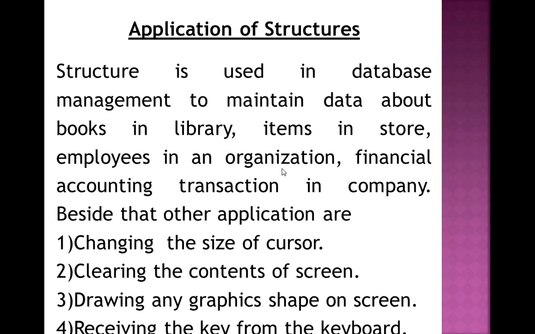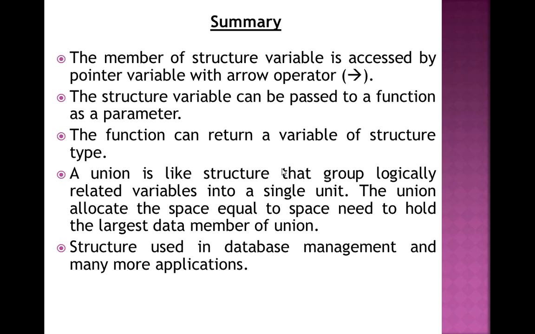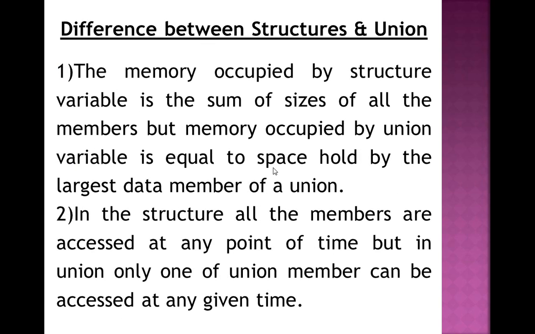Then, what is the difference between structure and union? The memory occupied by a structure variable is the sum of the sizes of all the members. That means the memory occupied by the structure is the addition of the sizes of the multiple members.